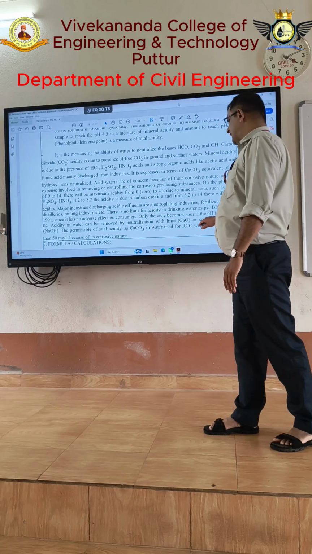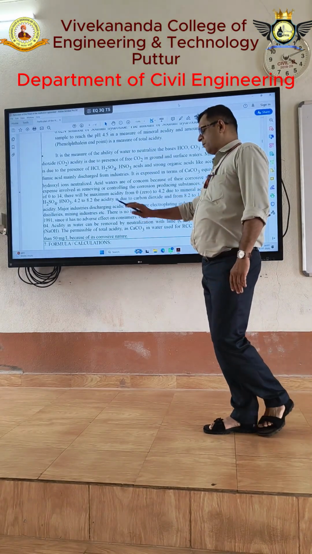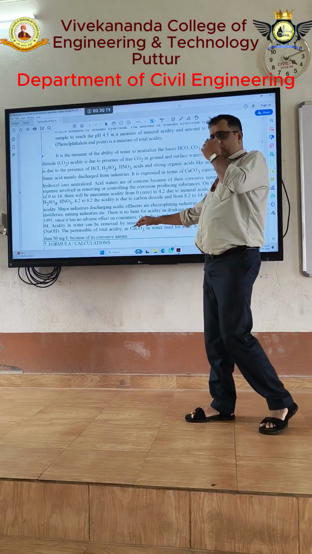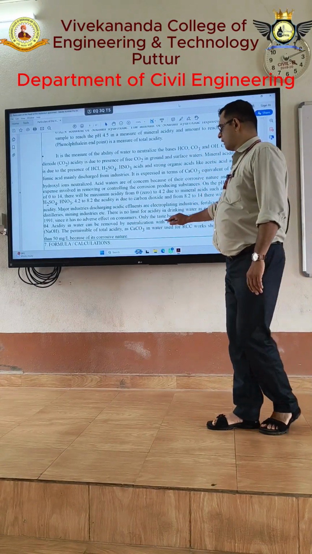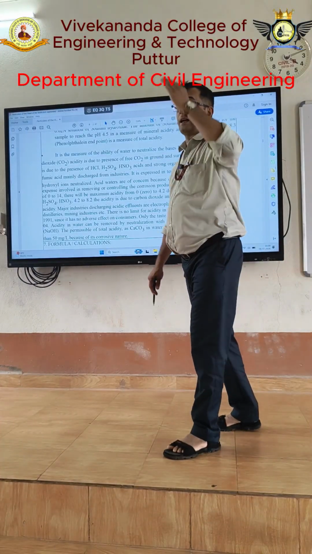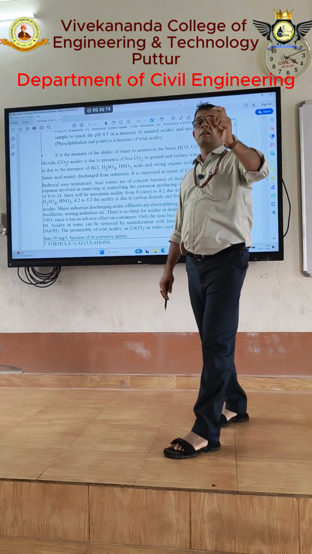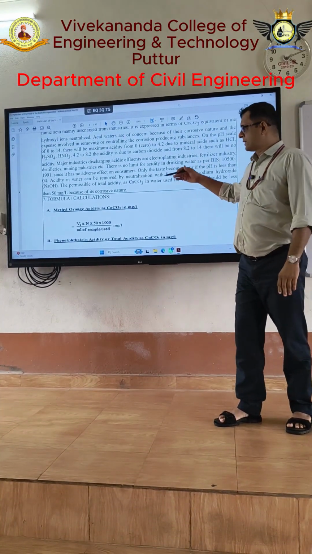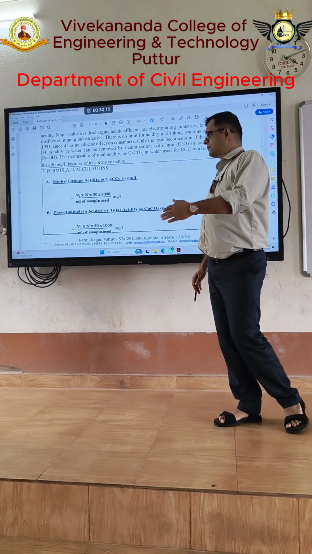If the acidity is very high, more than 50 mg per liter, then the water will be corrosive, or very much corrosive. When we use the water for RCC work, the steel may get corroded. Next we will see the experiment.